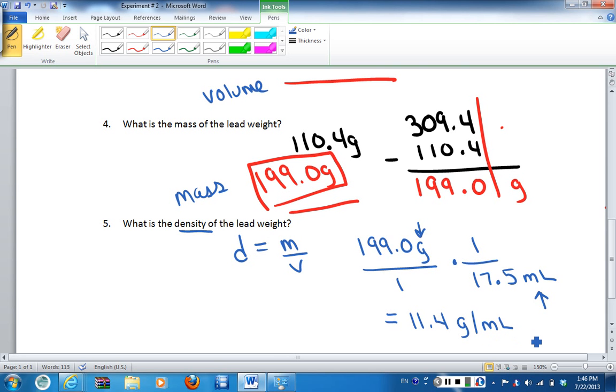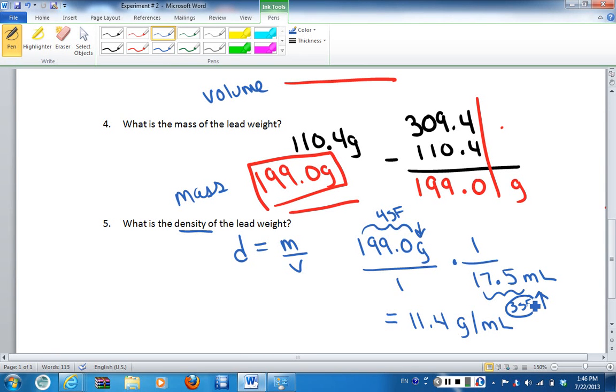Now, in terms of significant figures, we see here, this has 4 significant figures. This here has 3 significant figures. So since we are dividing, we know that our final answer must have 3 sig figs. Okay, so this is the type of calculation that you will be doing when you complete experiment 2.